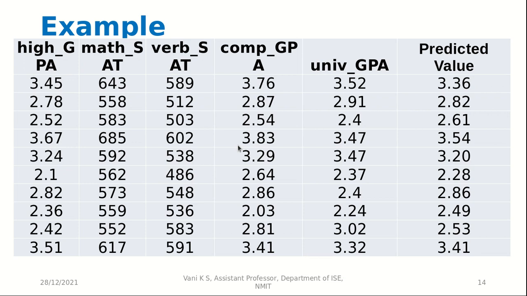Then we took this data set, with the university GPA and the predicted university GPA. You can see that there is not much difference between the two. A slight difference can be ignored, and we can say that the regression equation performs its job correctly.